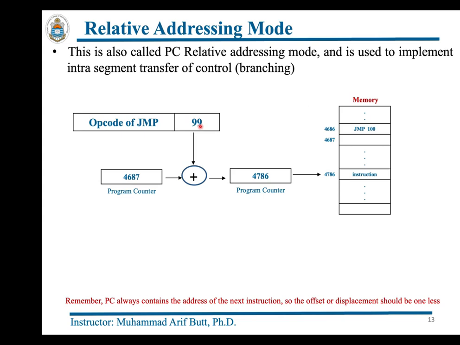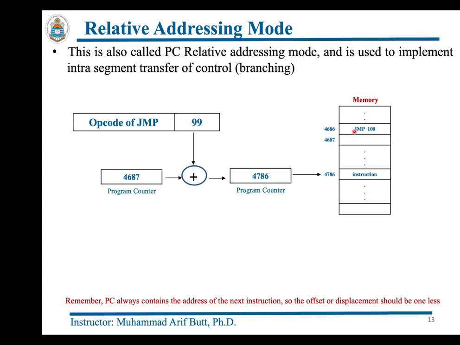So inside the instruction, instead of giving the 64-bit target address of the next instruction to execute, we just give the offset inside the instruction. This offset is added to the existing contents of the program counter register to get the actual jump address.